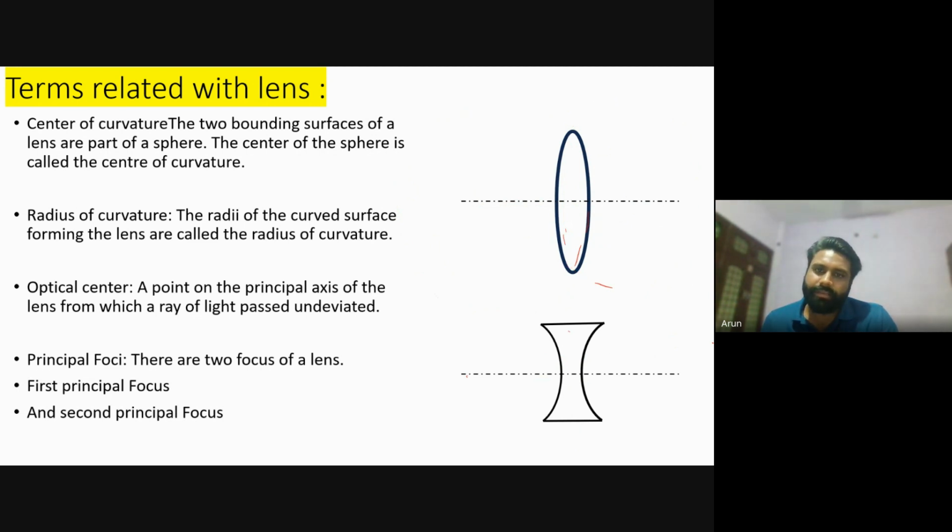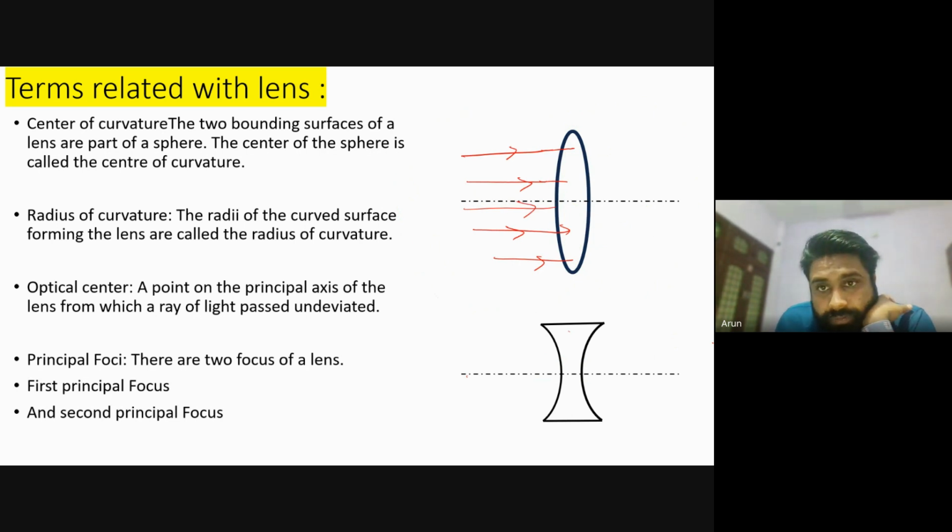In a very simple manner, if you send a parallel beam of light to the lens, from either side, it converges at a point, because this is a converging lens. So a parallel beam of light, after converging, where it meets at the principal axis, is termed as the principal focus. And this is termed as the first principal focus.